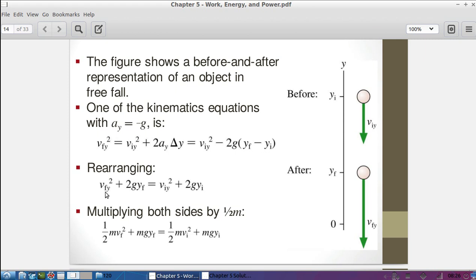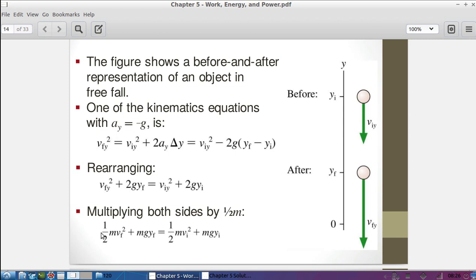But these are units of meter squared per second squared, so I want them in terms of Newton meter. I want them to look like kilogram meter per second squared times meters. So every one of these terms I'm going to multiply by the mass of the object. Then I'll be in units of kilogram meter squared per second squared, which is a Newton meter, which is a joule.